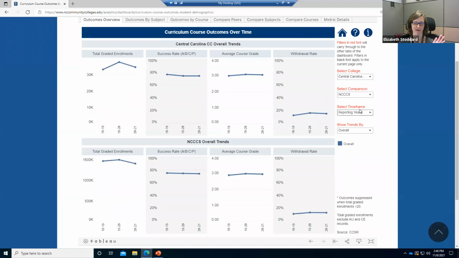So I'm selecting Central Carolina, and NCCCS as a comparison. My reporting years are my time frame, and I'm looking at overall trends, and I can see that Central Carolina's success rate was 74% versus NCCCS, which was also 74%. So in this case, they were the same. But if you're looking at a different college, you might have seen a different number for your own college.